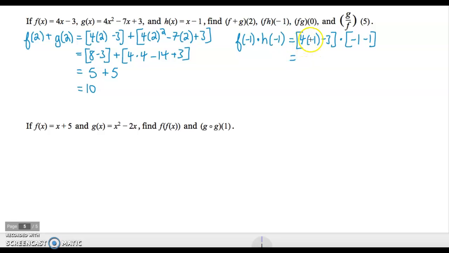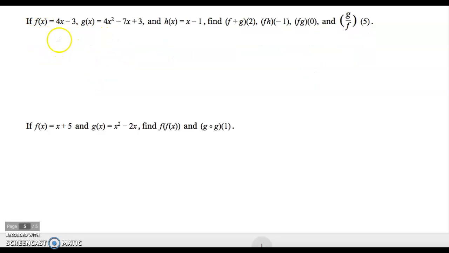So I get 4 times -1 is -4 minus 3 is -7. And then -1 minus 1 more would be -2. And -7 times -2 is a positive 14. Awesome.